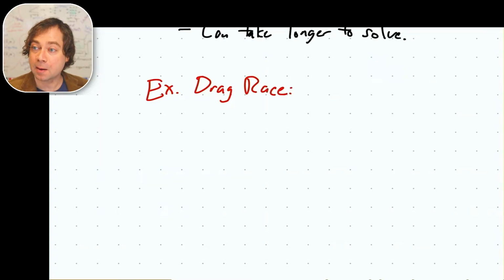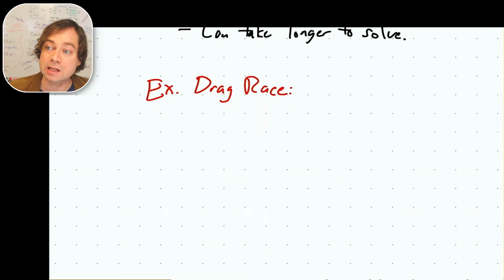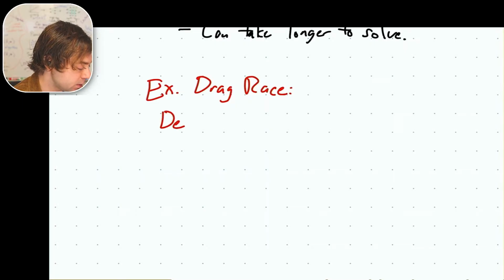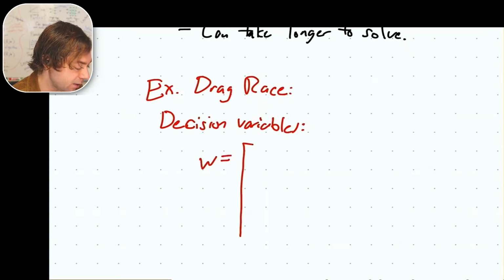So if we're setting up our optimization formulation, we need three things: decision variables, cost, and constraints, right? Now we don't just have F1 through Fn.